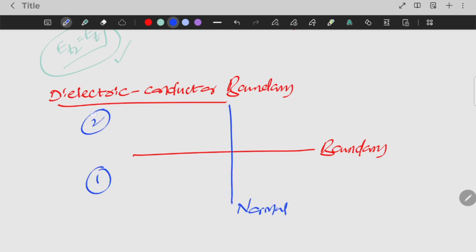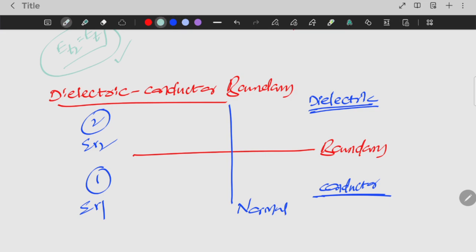This is medium 1 and this is medium 2, having epsilon r1 and epsilon r2 as the dielectric constants or relative permittivities. I'm taking medium 1 as a conductor and medium 2 as a dielectric.